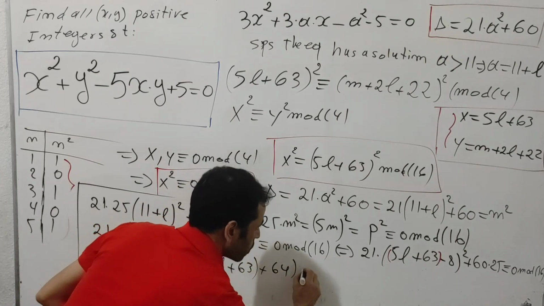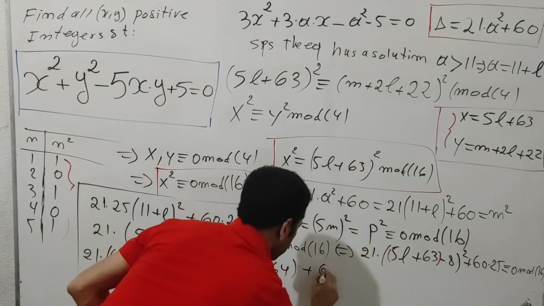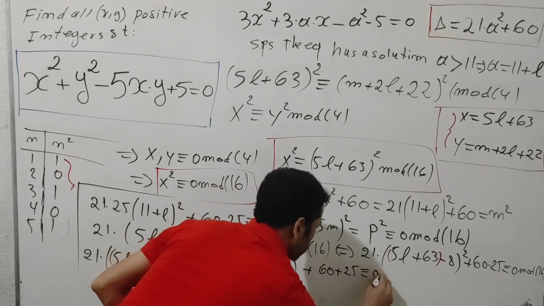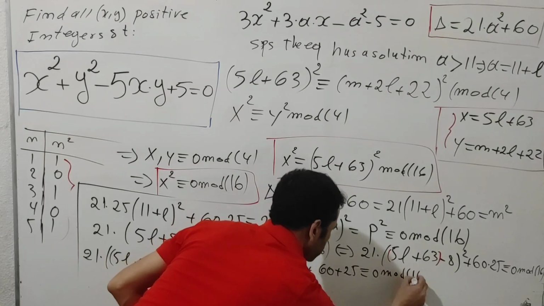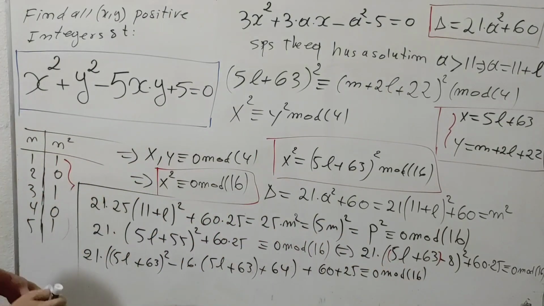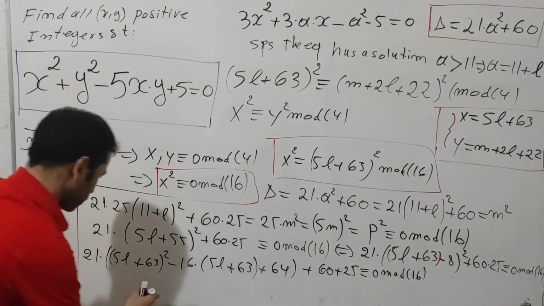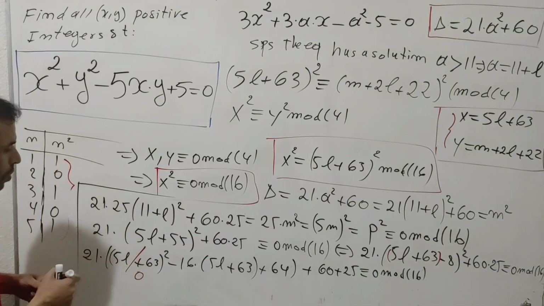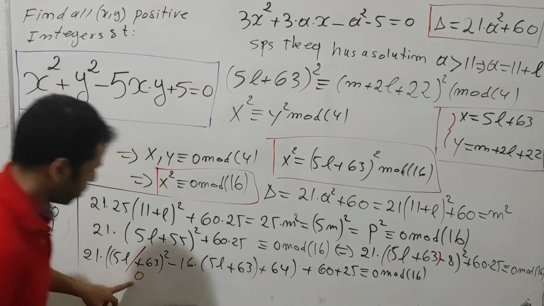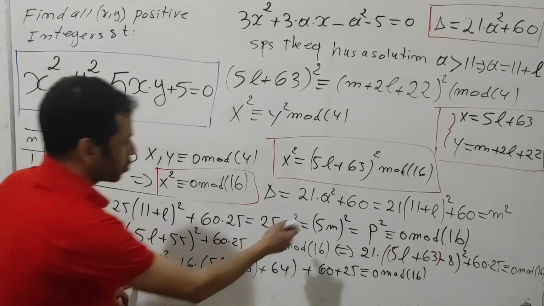Plus this term 65, congruent to 0 mod 16. I will have a lot of cancellation here. This term is 0 mod 16, because we have it here.